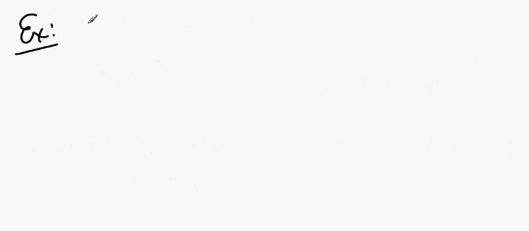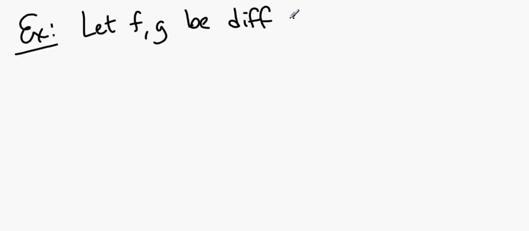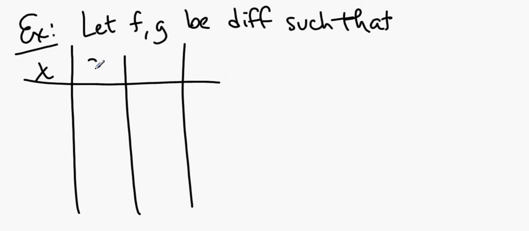Let's let f and g be differentiable such that, and I'll just give you some values that might be useful to you. I'll give you information about f, g, f prime, and g prime.